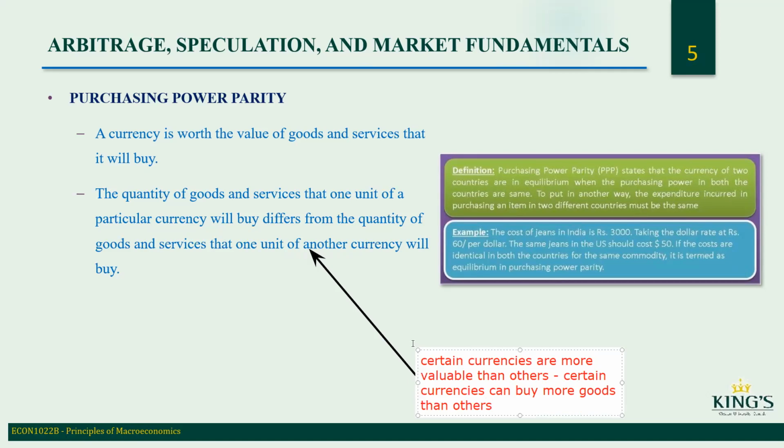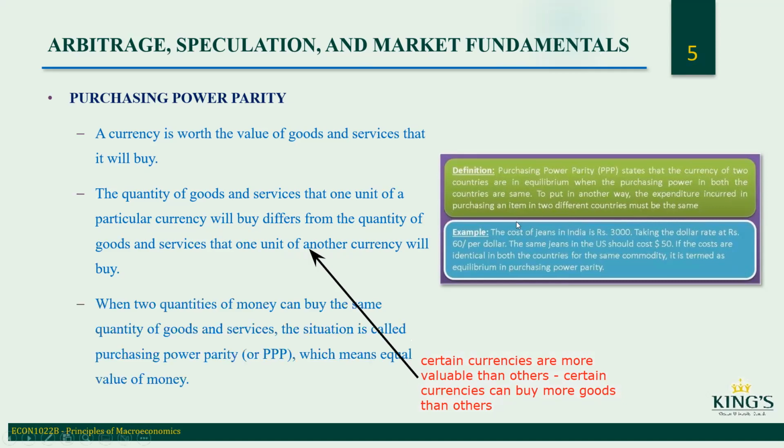And when two quantities of money can buy the same quantity of goods and services, the situation is called purchasing power parity, or PPP, which means equal value of money.